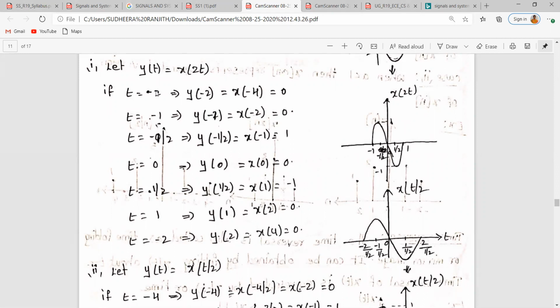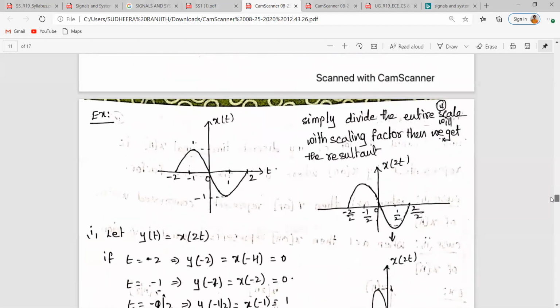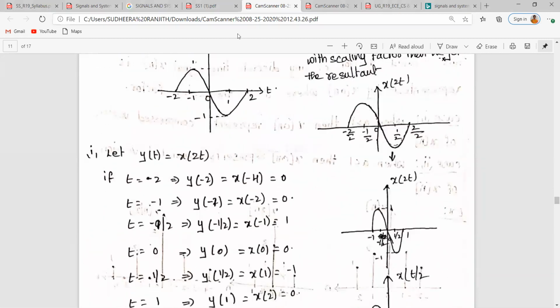Let me consider t is equal to -2. Then y of -2 is equal to x of 2 into -2, meaning x of -4. The actual signal x of t is not defined for t equal to -4, so it has the magnitude of 0. Similarly, at -3 also the signal has the magnitude of 0.